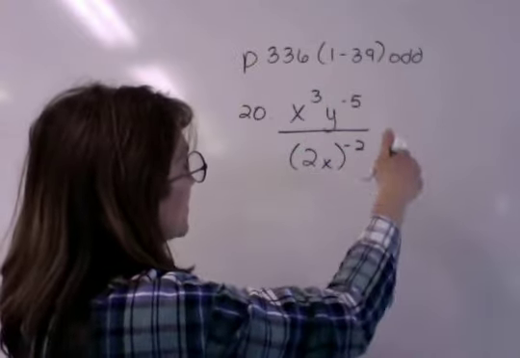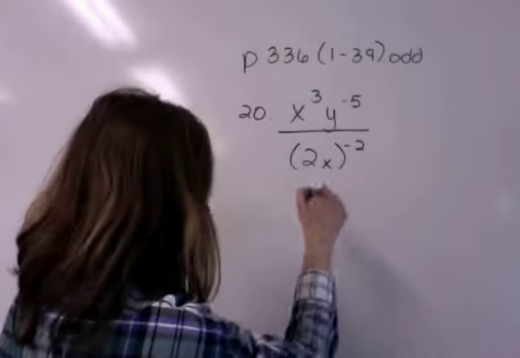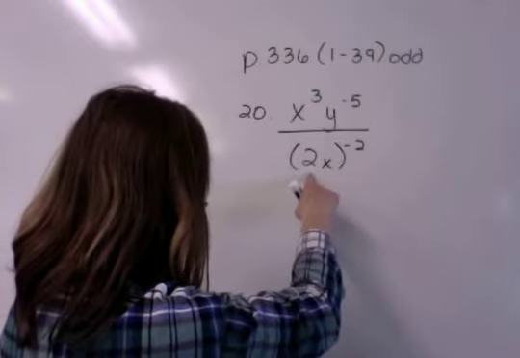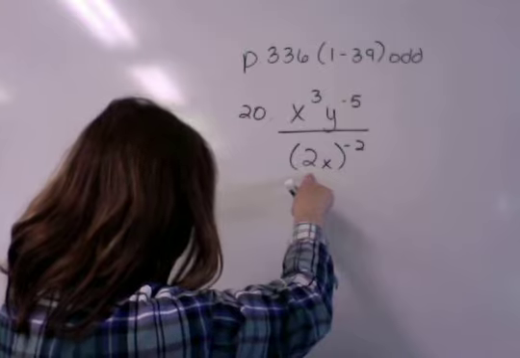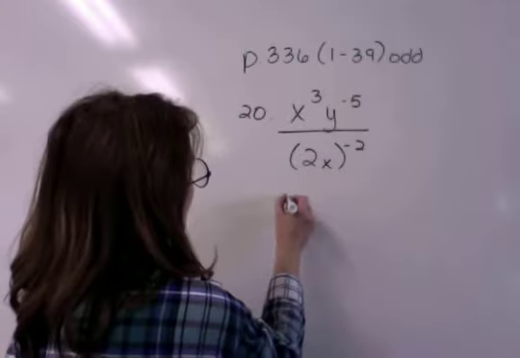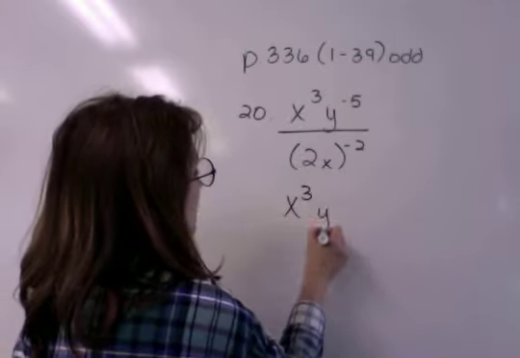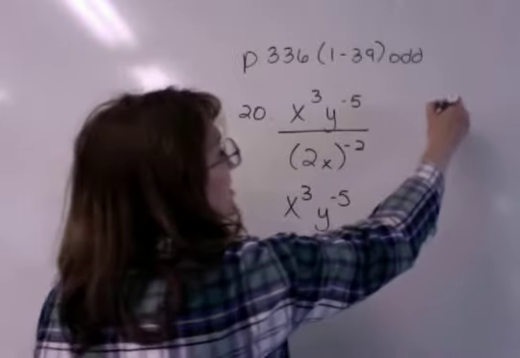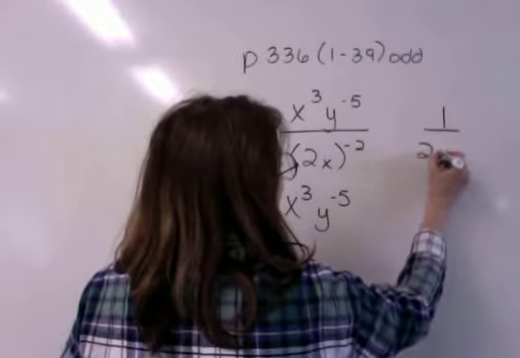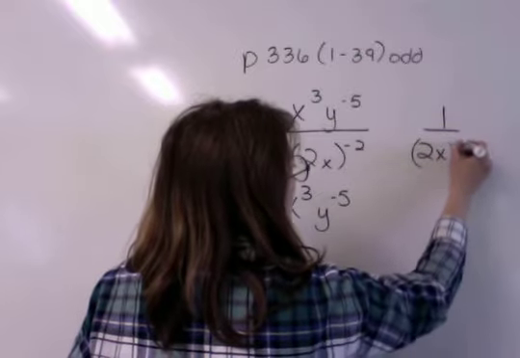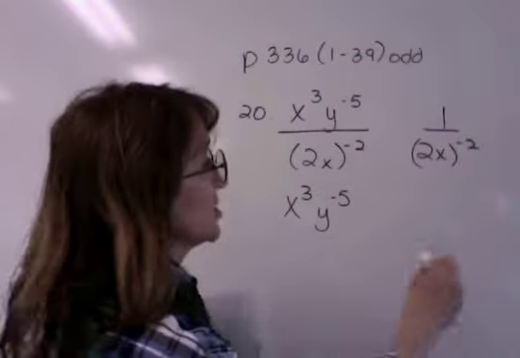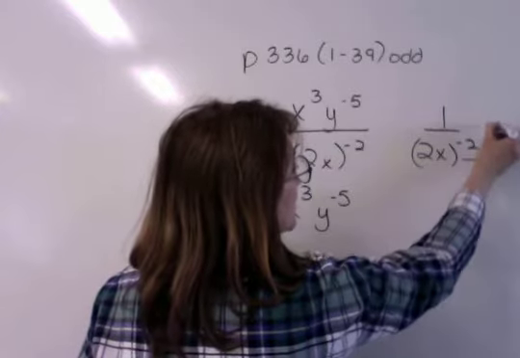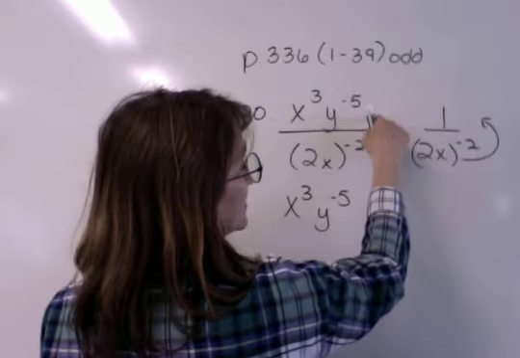So let's think about what I'm going to do. I'm going to bring this little guy up to the top if I can. I'm looking down here. So I'm going to keep the x cubed. I'm going to keep y to the negative fifth. This guy, I'm going to flip him. He did look like this. I am going to flip him up to the top with these guys.